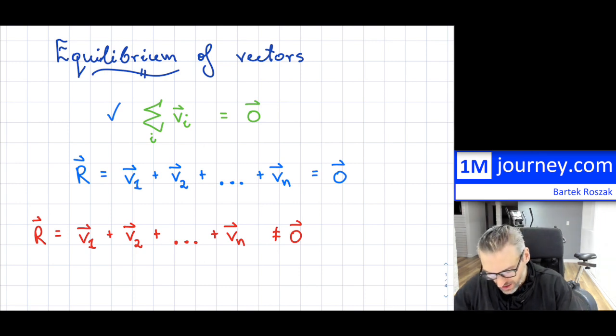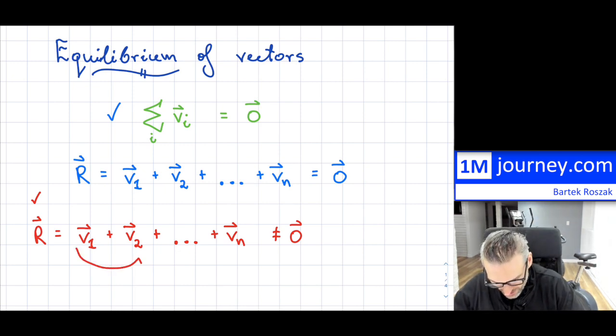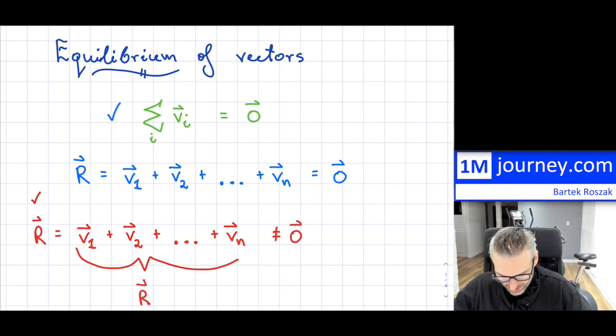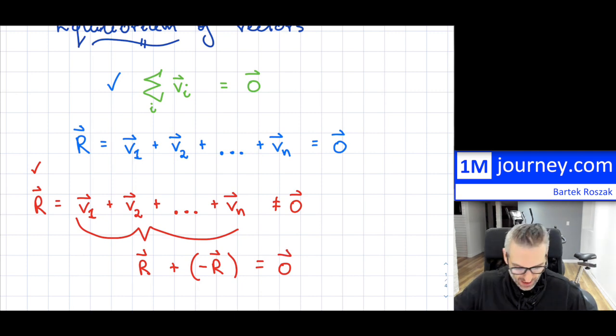But if you already have the resultant vector, then that's actually not very difficult to find, because if all of this is equal to the resultant vector, then all you have to do is add an additional vector. So add the vector which is the opposite of your resultant vector, and this, of course, by definition is going to be equal to the 0 vector. So that is something which we can certainly do.